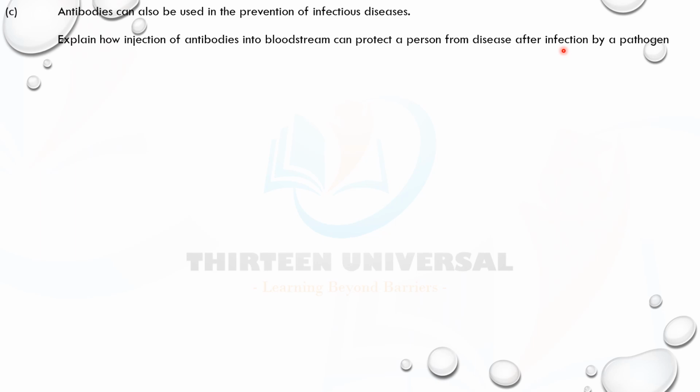Number one, antibodies will bind to the antigens on these pathogens using their variable region. Their variable regions are specific to the antigen, so they bind to the antigen. Now remember that they are normally produced by the immune response, but in this case we're injecting this person with antibodies, so immune response is not occurring.